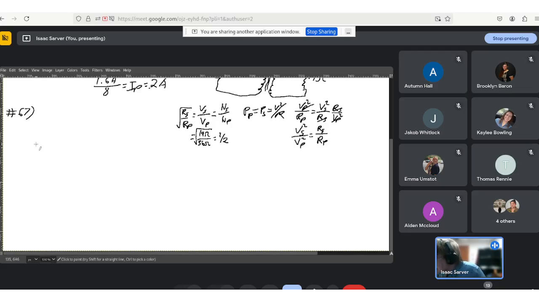Alright, we have some generator over here. It is making 1.2 times 10 to the 6 watts, which is kind of small for a generator.